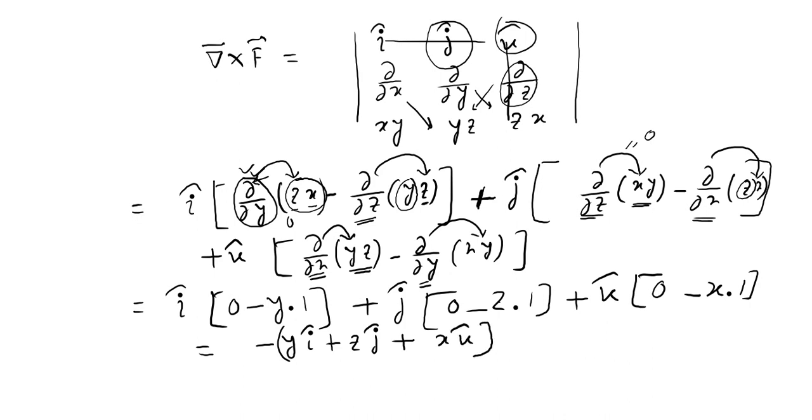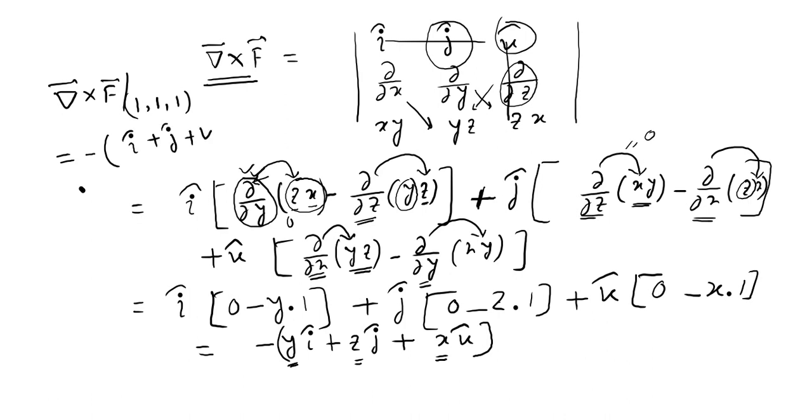So this is curl of f, but you have to find out curl of f at the point 1, 1 and 1. So we will use here y is equal to 1, z is equal to 1 and x is equal to 1. So it gives basically minus i cap plus j cap plus k cap.